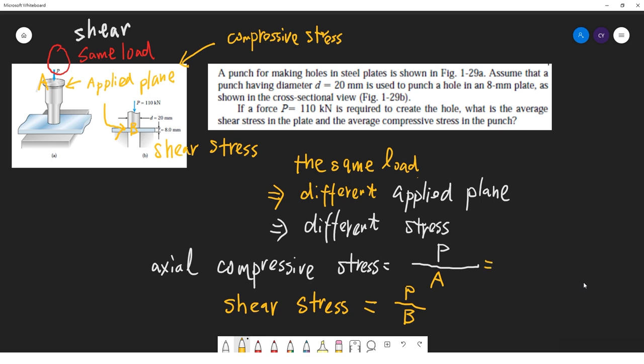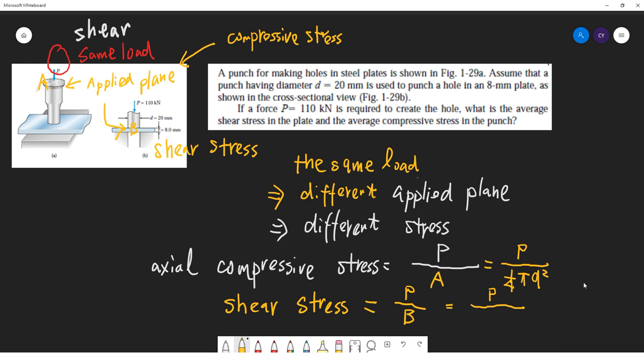Equal to the same loading, and the area A here we know is a quarter pi d squared, but the area here should be the surrounding of the hole.